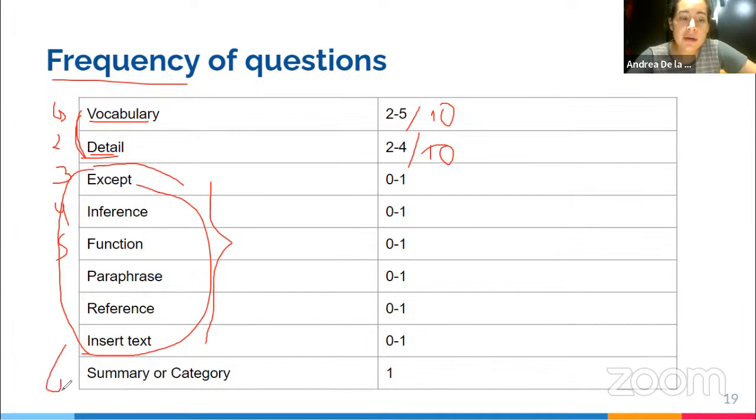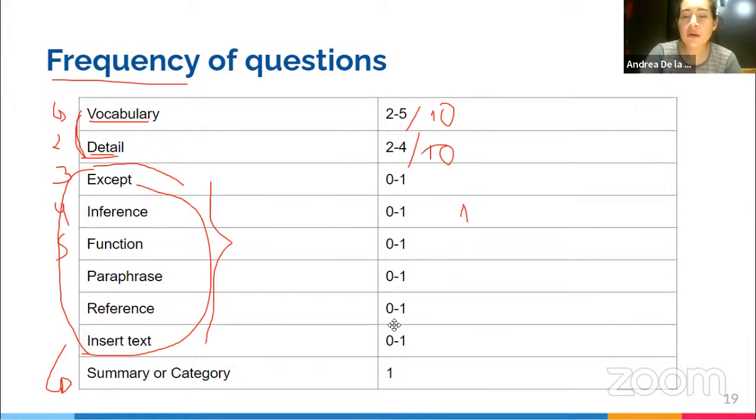And summary or category, you always have this question, and it's always the last question. I'm not going to tell you that it's not important because you don't have many of them. Even though you only have one of these questions, it's worth a little bit more. These questions are worth, let's say, 1 raw point.